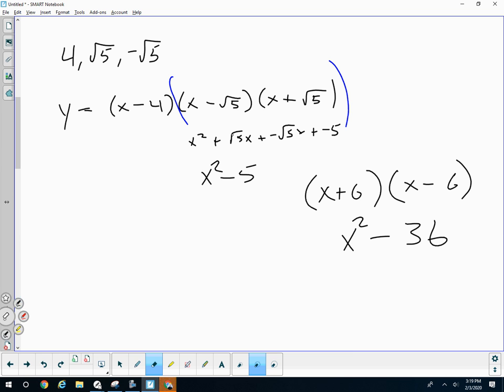Wait, why didn't you do negative 25? It's root 25. Root 25 is 5. Type into your calculator root 5 times negative root 5 if you're not comfortable with this.